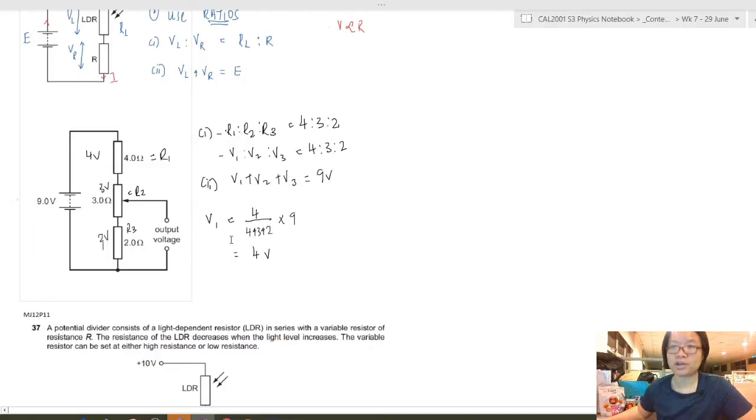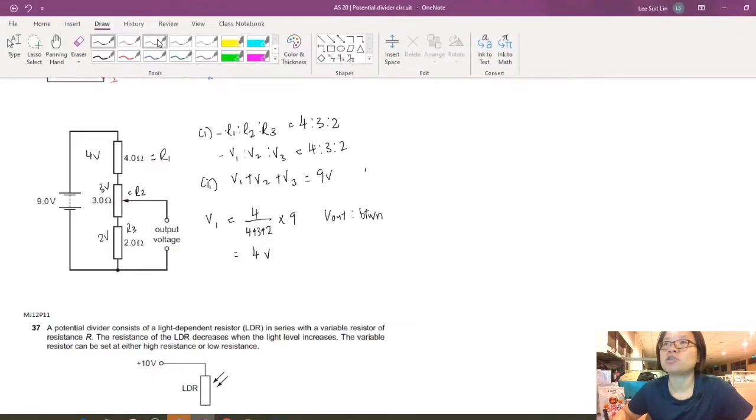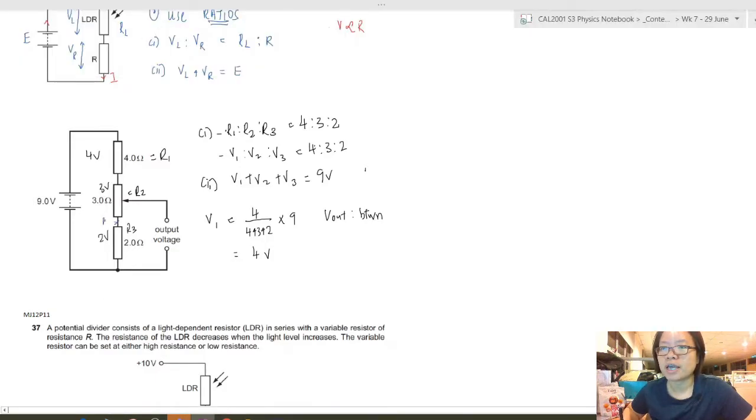So the output voltage, V out, must be between, okay, let's say it's at position A. So at position A, V out is 2 volt, only the 2 ohm resistor. And then at position B, let's say this position here, your output voltage will be 2 plus 3, which is 5 volt. So your V out is actually between 2 to 5 volt.